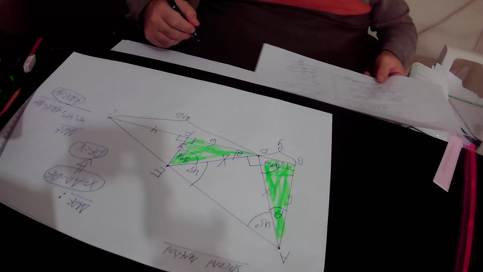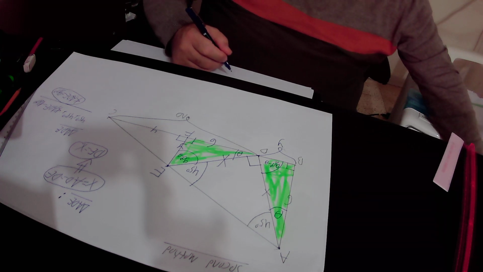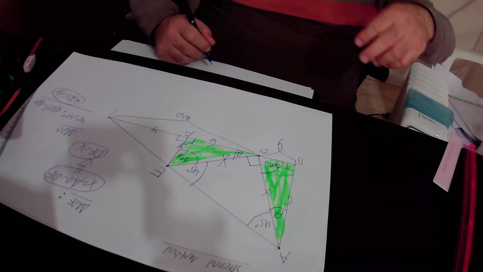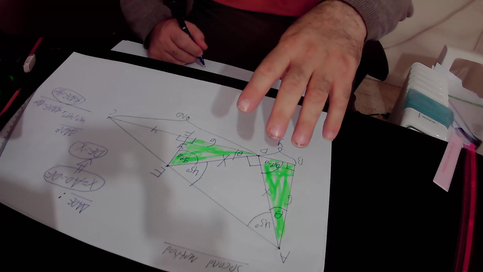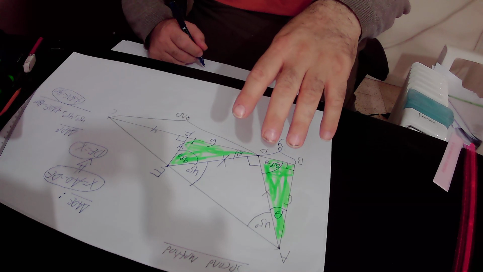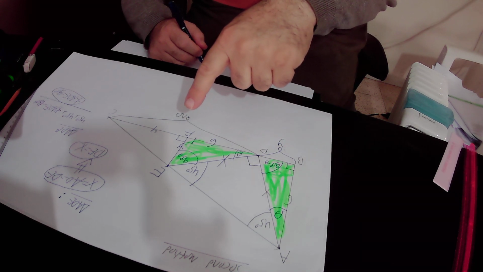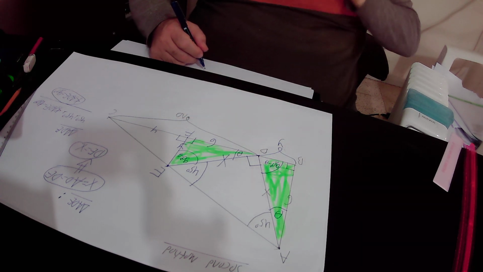Okay, so in the next step, we will prove that triangle ABC, the right big triangle, is similar to the right small triangle, triangle EFC.